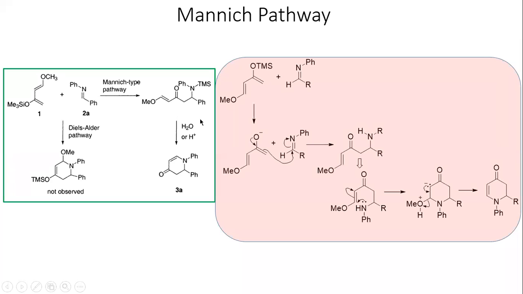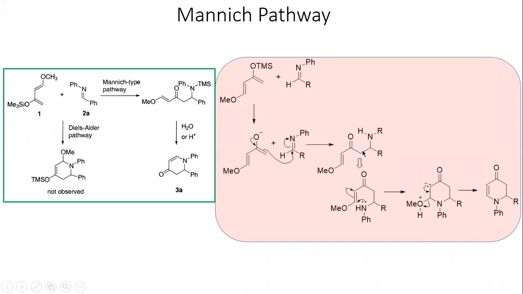So I have the mechanism over here. You can see how this happens. So you attack the imine like so, because here you have your TMS group, which is a latent enolate. So if I think about this in terms of the enolate, it looks like this, right? So I'm using the electrons here to make my C=O pi bond at the same time I'm attacking with the carbon-carbon pi bond here.